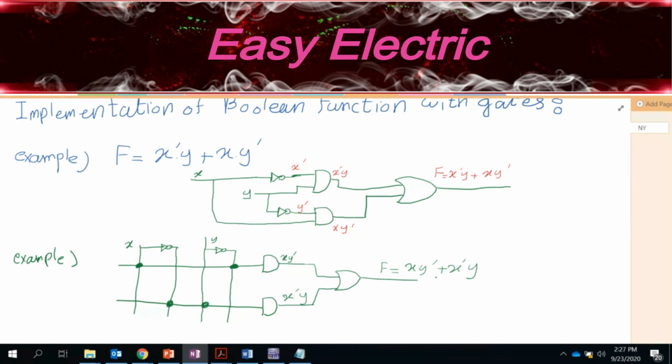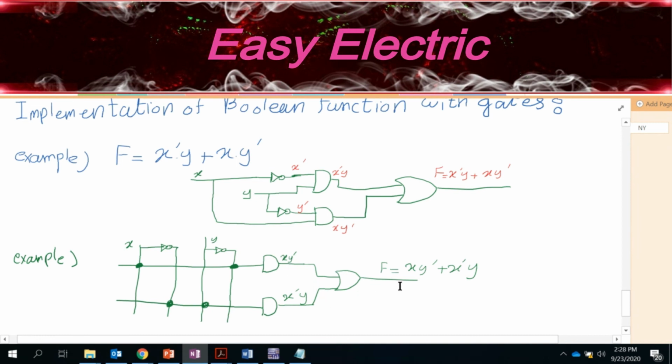In other words, for each circuit that you see in a digital system, we have a Boolean function. If you have the function, you could implement it with the gates, and the opposite is also true. If you have any circuit, which is a combination of gates, you could find its corresponding function. That's what I did here.